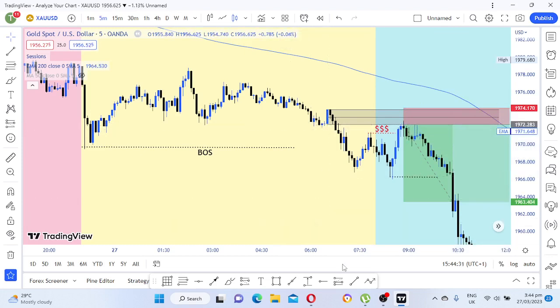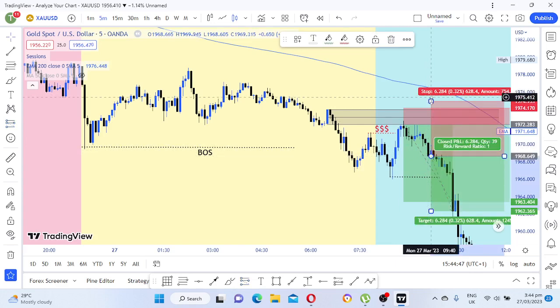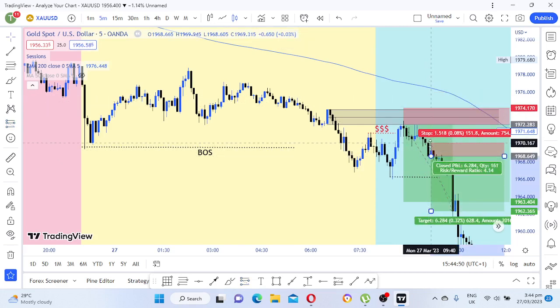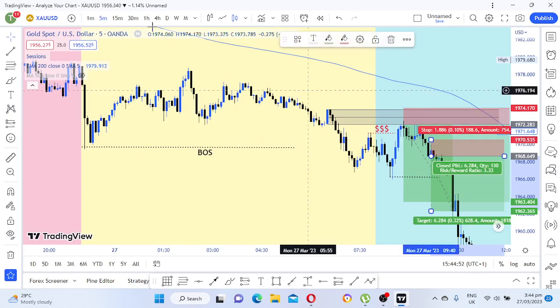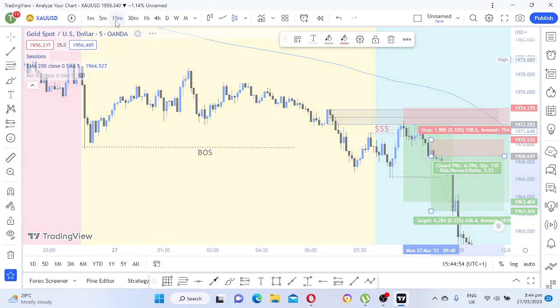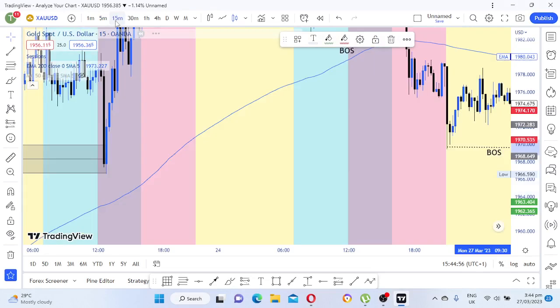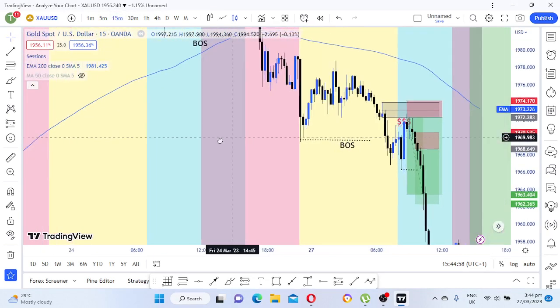And my second entry on gold was around here. My second entry was on the closure when the 15-minute candle closed. Let me check.